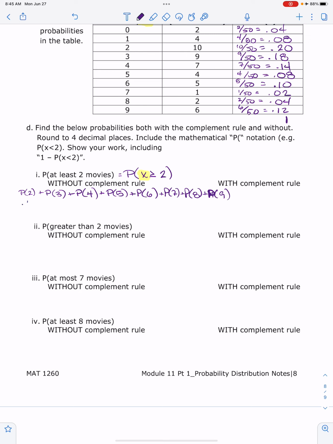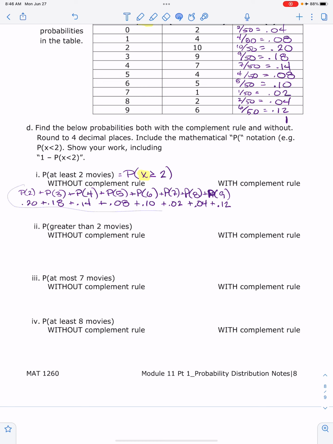So that is 0.2 plus 0.18 plus 0.14 plus 0.08 plus 0.10 plus 0.02 plus 0.04 plus 0.12.